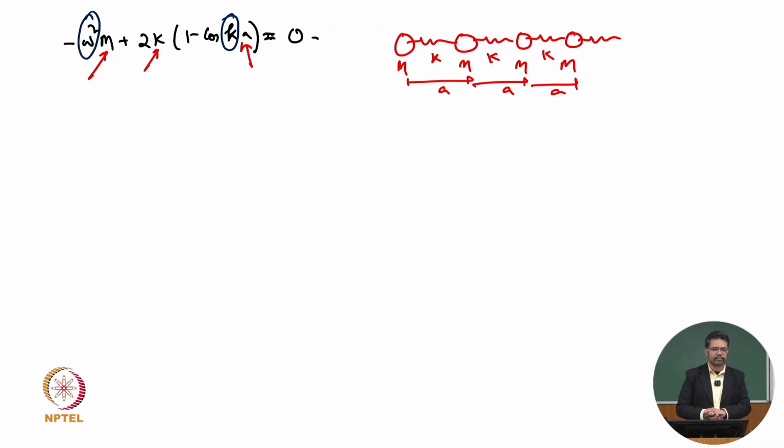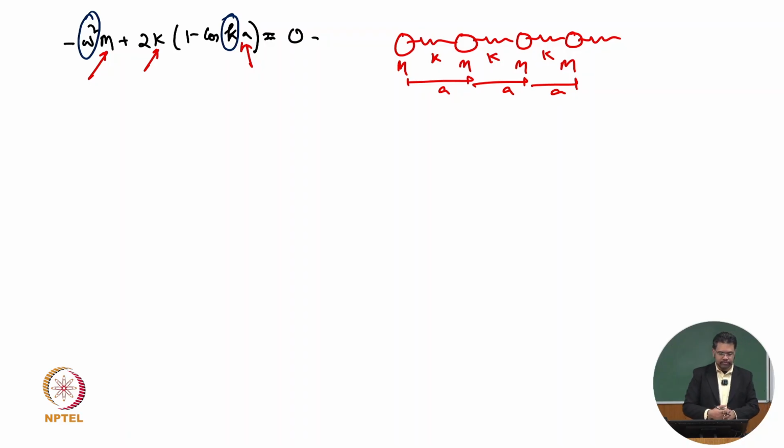Agreed? Did you get that idea? So we cannot have a random wave; random frequency and random wave number cannot exist. There should always be a correlation between these two. Agreed?